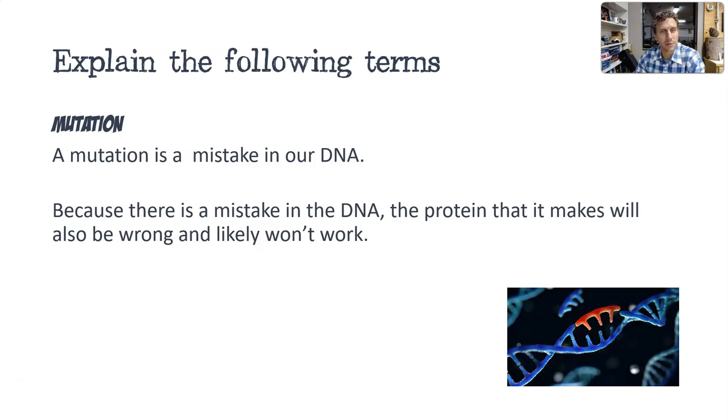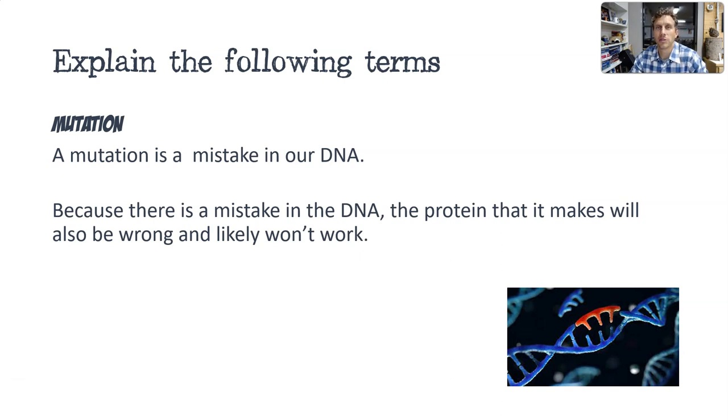Mutation is a mistake in our DNA. Why is that a problem? Because your DNA is instructions to make protein. So if there's a mutation, a mistake in the DNA, then it can't produce that protein properly.